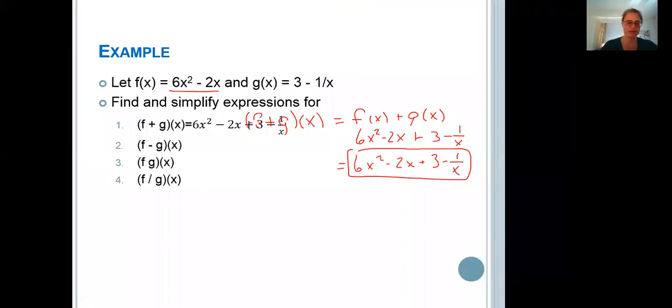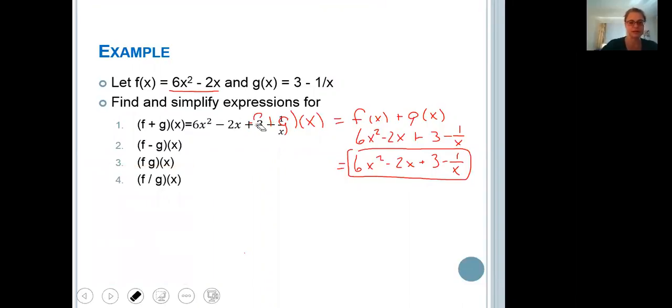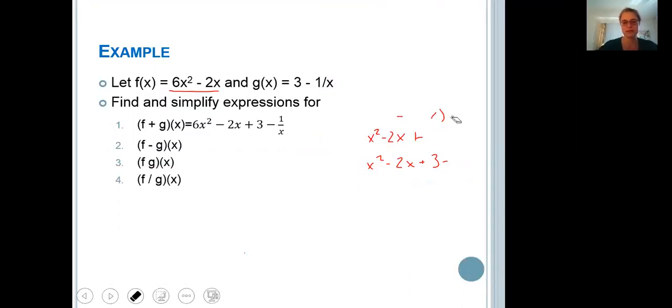Oh, look at there, even showed up over here. Okay. Let me erase my chicken scratch. Hopefully that made sense. Let's try the next one.